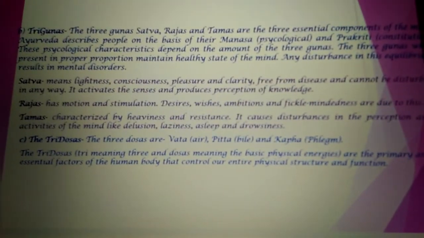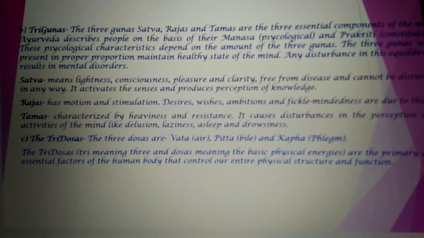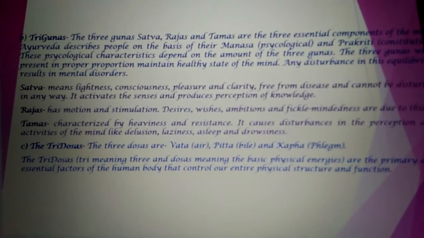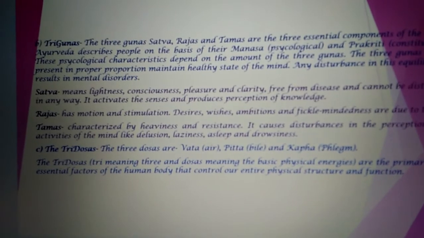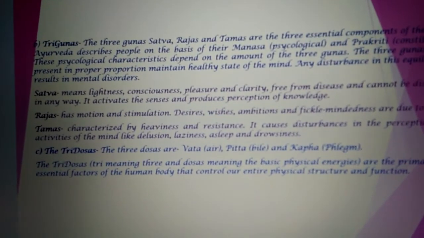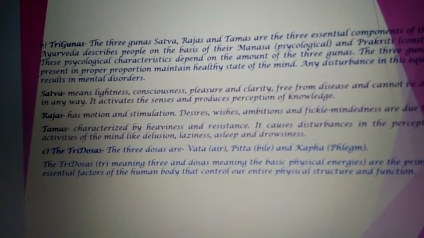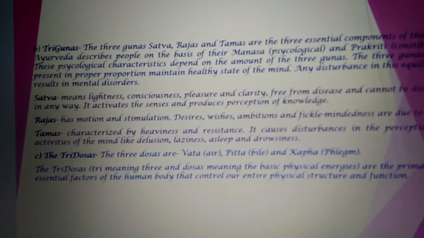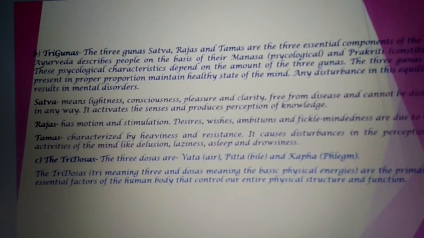Now come the 3 gunas, that is Sattva, Rajas and Tamas. These are the 3 essential components of the mind. Ayurveda describes people on the basis of their manasa, that is psychological state, and prakriti, that is constitution.